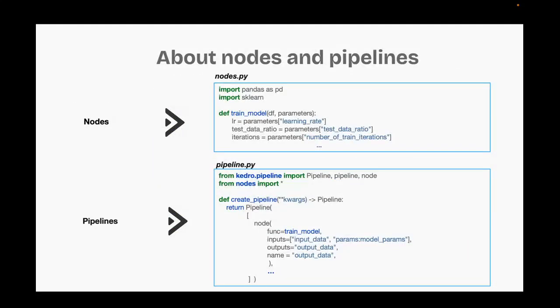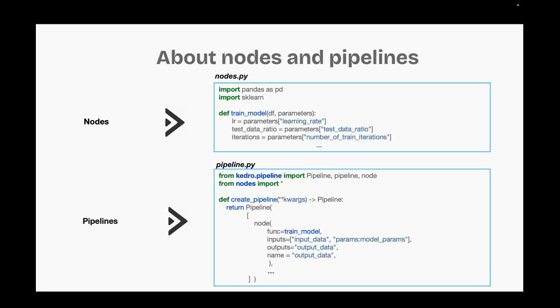Next, we're moving to the SRC folder. Here we create directories that we call pipelines, and in each pipeline directory, a pipeline file and a nodes file. Each pipeline is represented as a folder, and its name determines the pipeline's name.